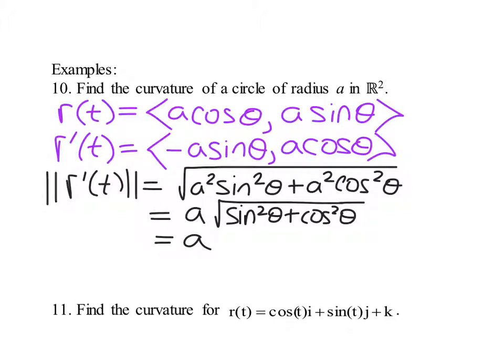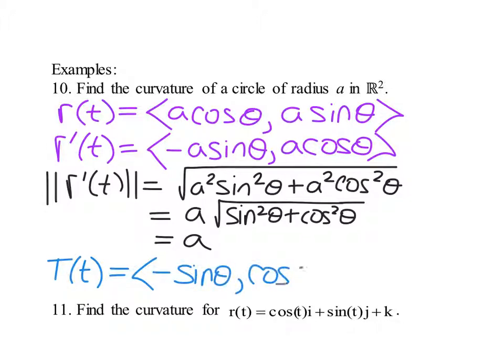All right, so if I'm looking for the unit tangent vector, T of t is going to be equal to negative sine theta, comma cosine theta, because all you're doing is taking your r prime of t and dividing it by its magnitude. So that's nice.